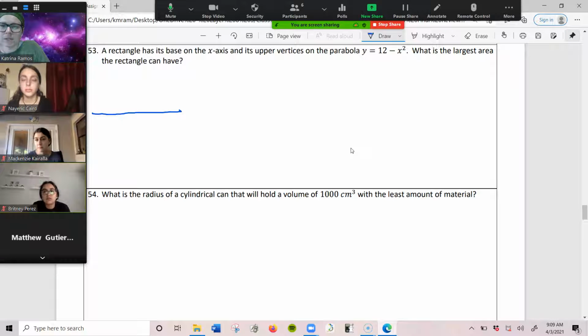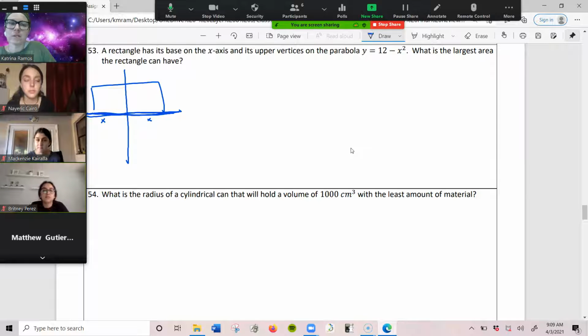Typically, when they tell you things like this, unless otherwise specified, the rectangle goes through the origin and you have the same space on either side. So this would be, let's say, my rectangle. Is that okay? Then it's a parabola, which is 12 minus x squared.